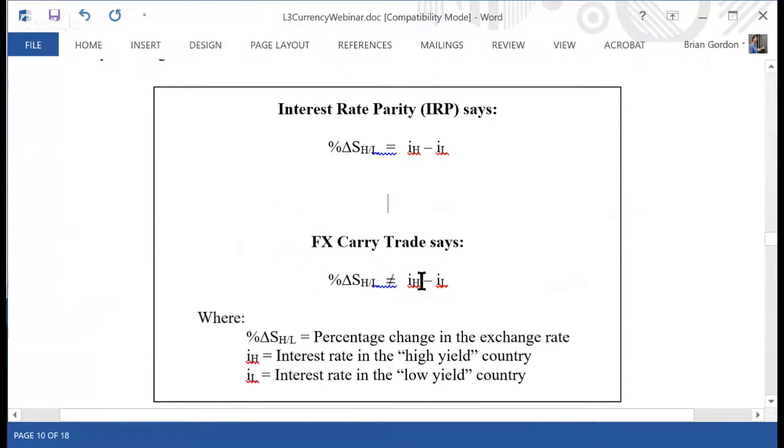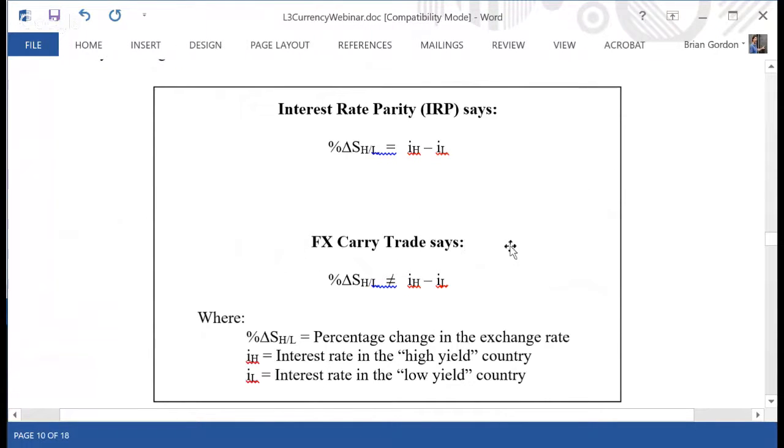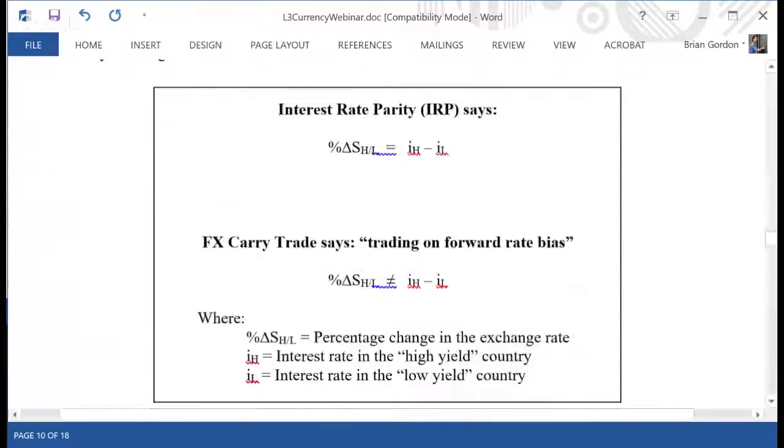When interest rate parity does not hold, you can look for that language, and that's what they're talking about in terms of FX carry, where we start to talk about the funding currency and the investing currency.